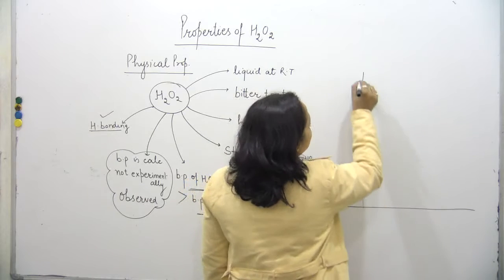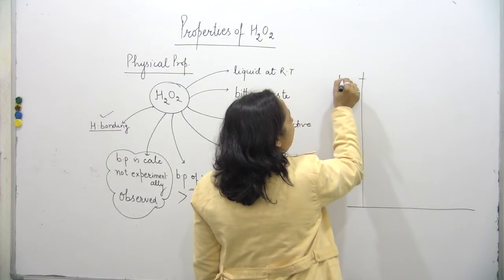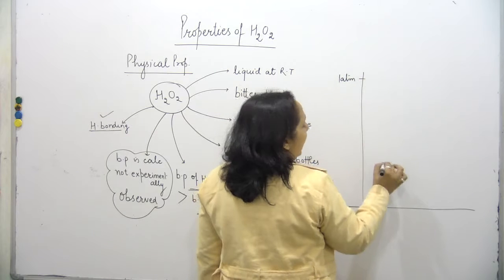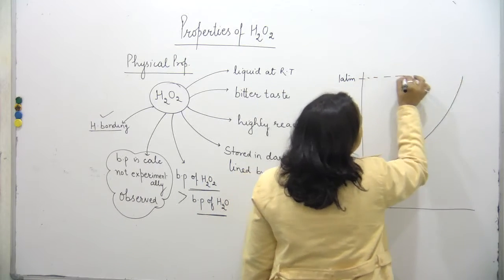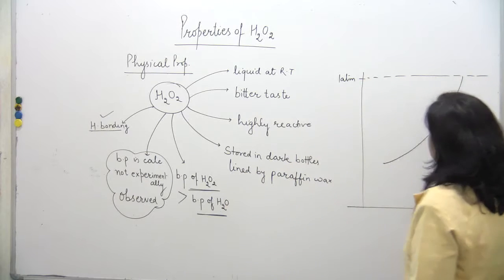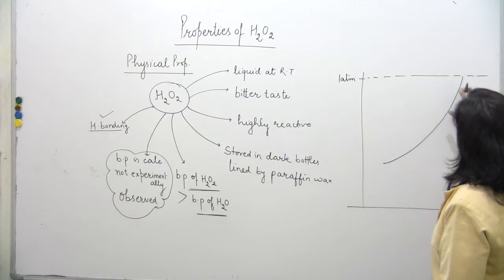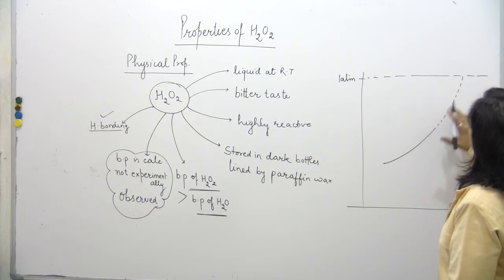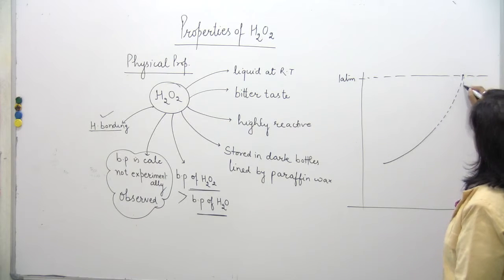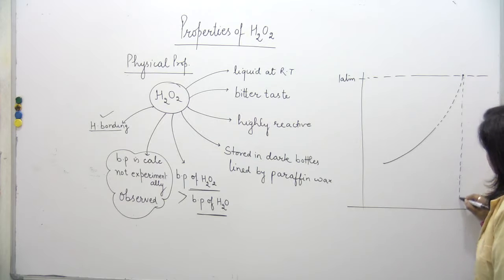Reason for that is if we have 1 atmospheric pressure and vapor pressure curve, a liquid will boil when its vapor pressure becomes equal to 1 atmospheric pressure. In case of hydrogen peroxide, before we get this final value of boiling point, it will decompose.